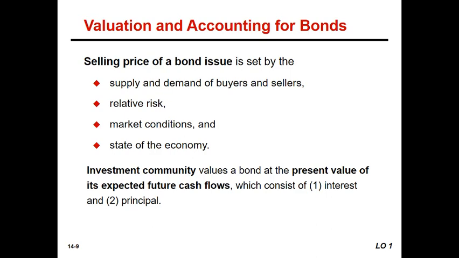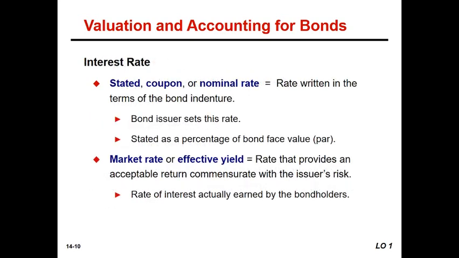Bonds are issued with what is called the stated rate of interest, which is known as the coupon rate or the nominal rate. This is the fixed amount of interest for the term of the bond. It's written into the bond indenture. It will not change. They set this rate, the issuer does, when they're starting to establish their terms.